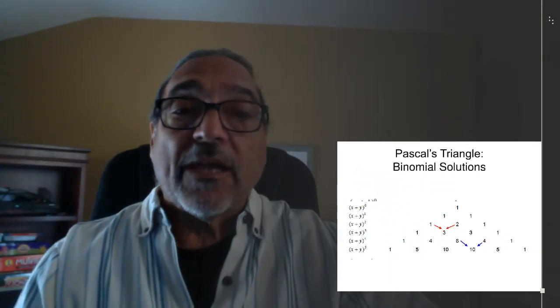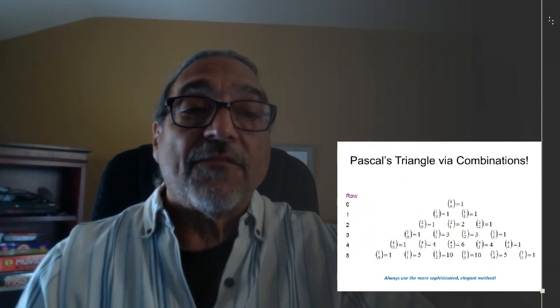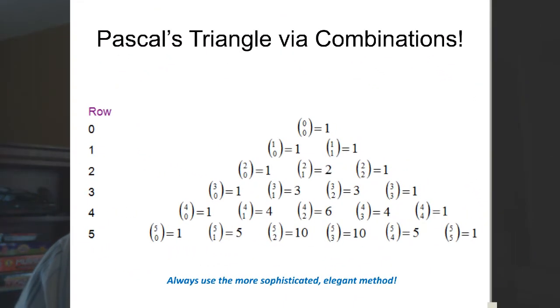If we were to look at it in terms of our combination, what we could do is show each of these rows indicating the formula with brackets and combinations, and notice we have the same distribution of multipliers as in the previous slide.